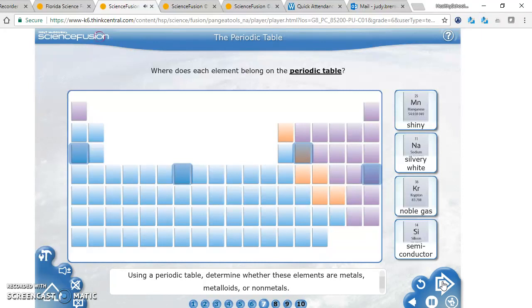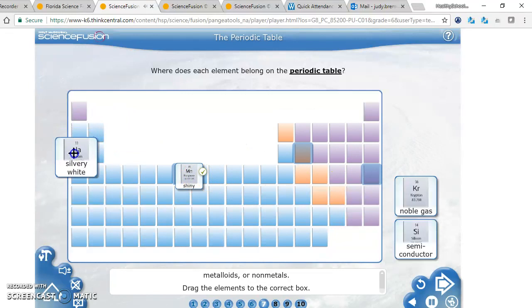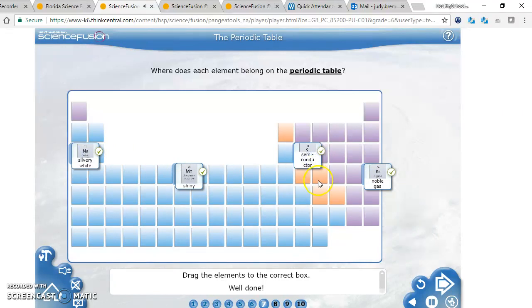Determine whether these elements are metals, metalloids, or nonmetals. Drag the elements into the correct box. Well done!